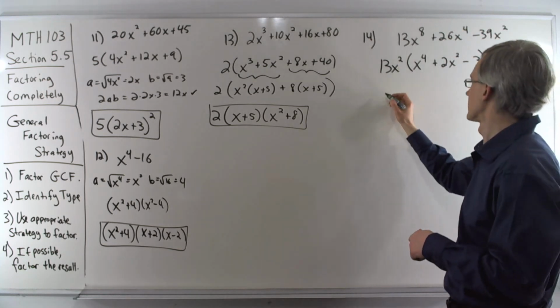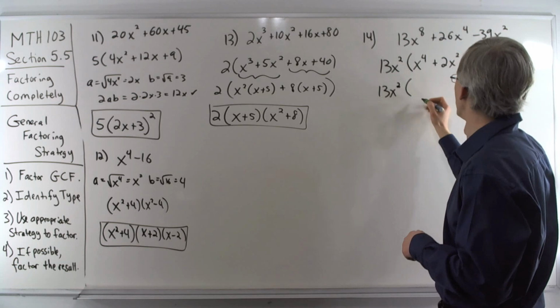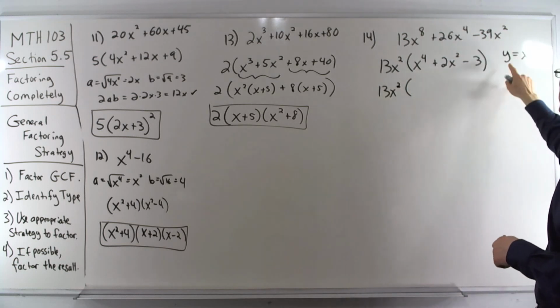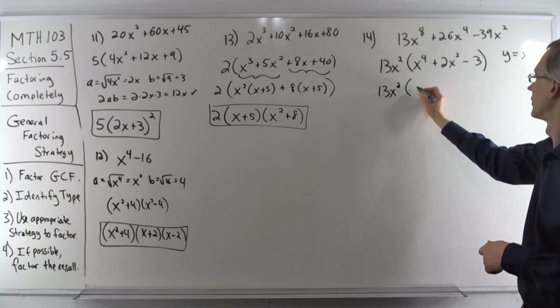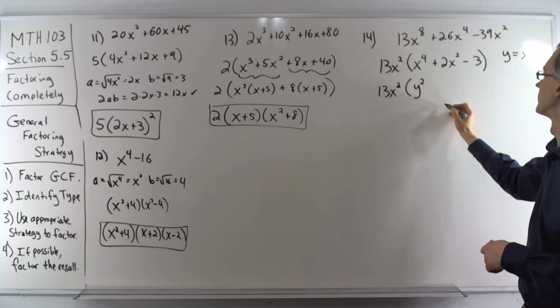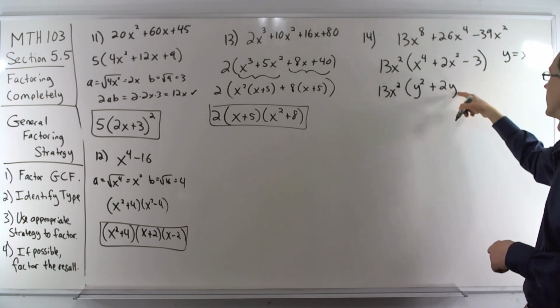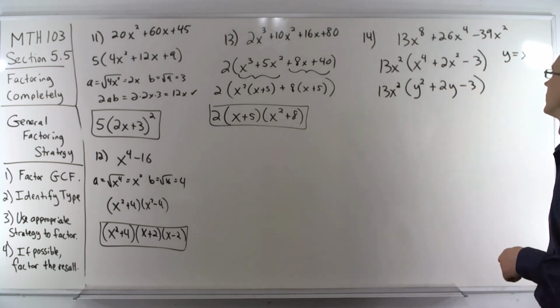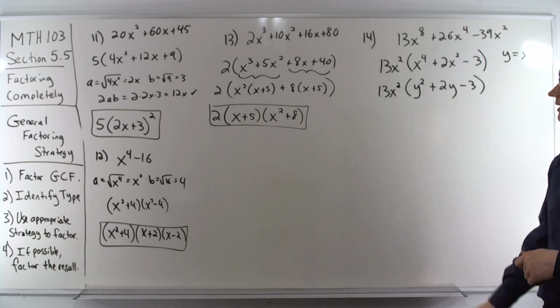I can keep this x out here because we're going to convert back when we're done anyway. All right, so if y is x squared, we need y squared to equal x to the 4th. So that is y squared plus 2y, replace the x squared with y here, minus 3.